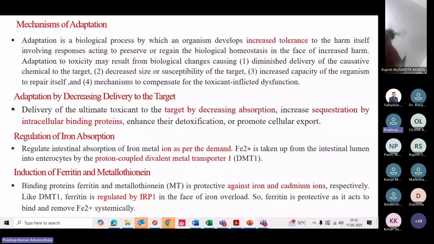The capacity of the organism's repair mechanism will be increased. That is one of the adaptive mechanisms, a mechanism to compensate for the toxic and infected dysfunction.